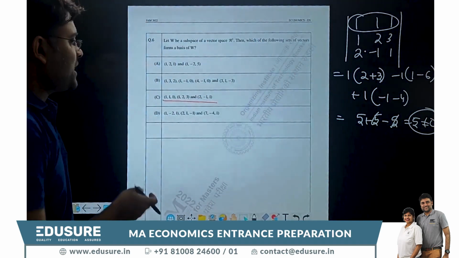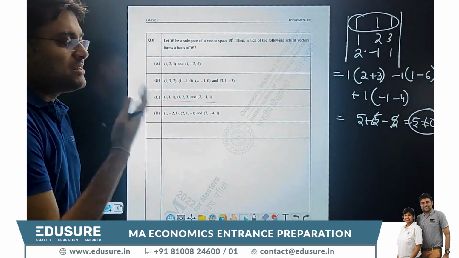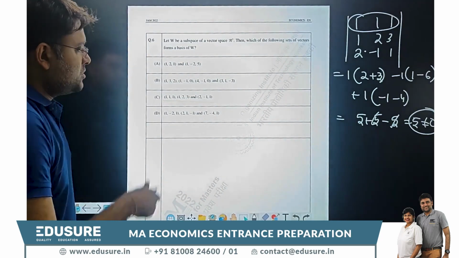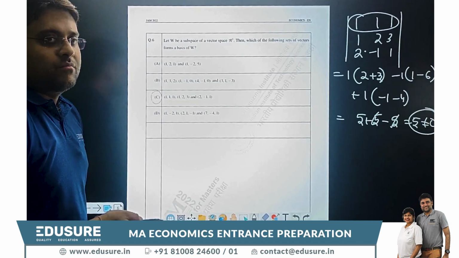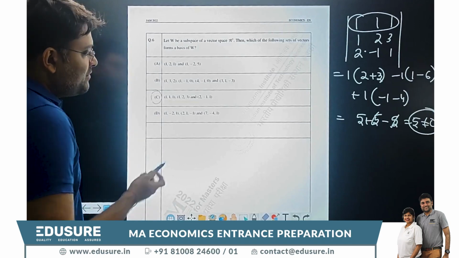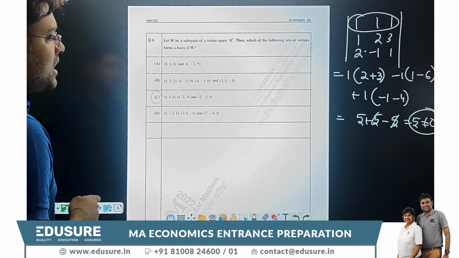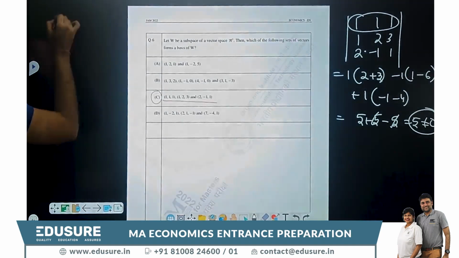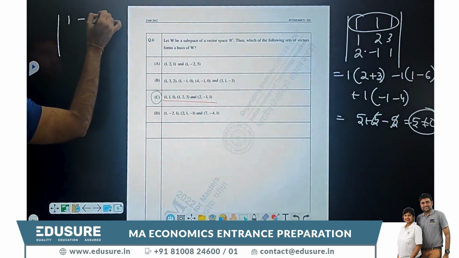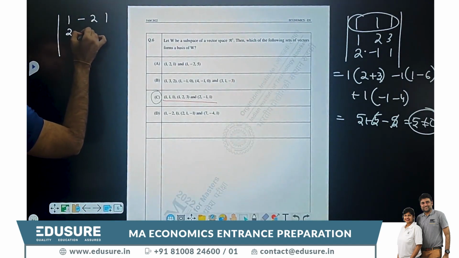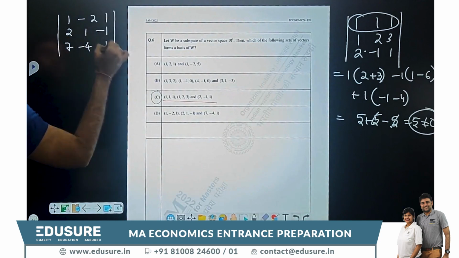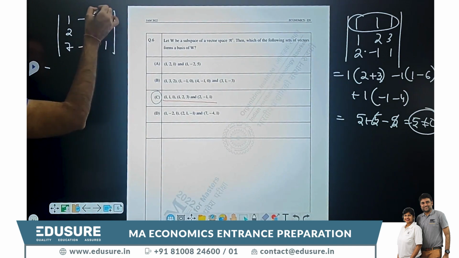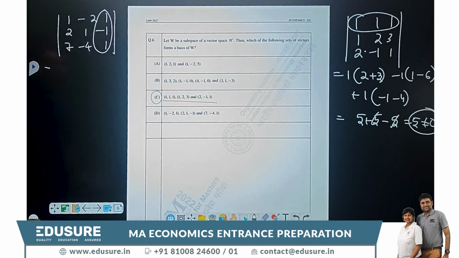I don't have to check part D because this is the MCQ part. तो MCQ part में आंसर डायरेक्टली हमारा निकल आया because only one option can be correct. We can also verify that the second one is linearly dependent. How? 1 minus 2 1, 2 1 minus 1, 7 minus 4 1. Okay, I expand by this.